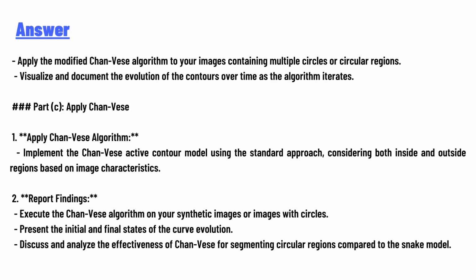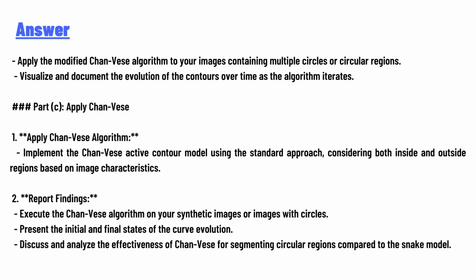Show evolution. Apply the modified Chan-Vese algorithm to your image containing multiple circles or circular regions. Visualize and document the evolution of the contour over time as the algorithm iterates.